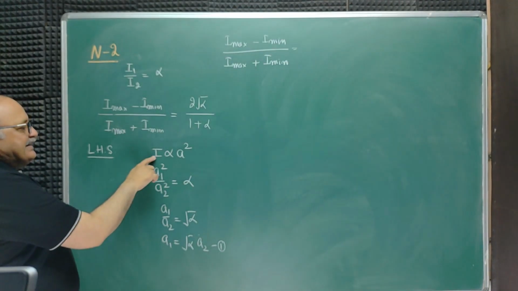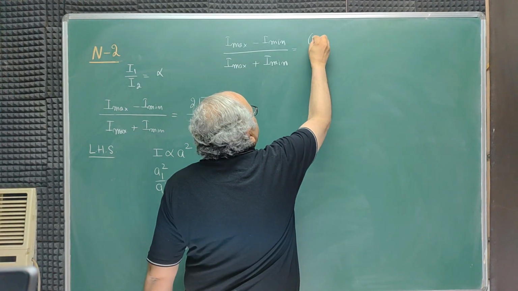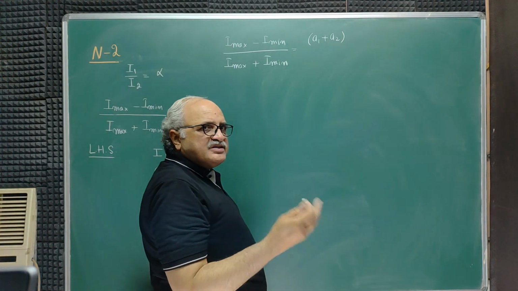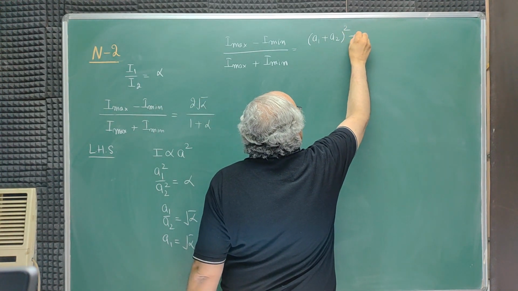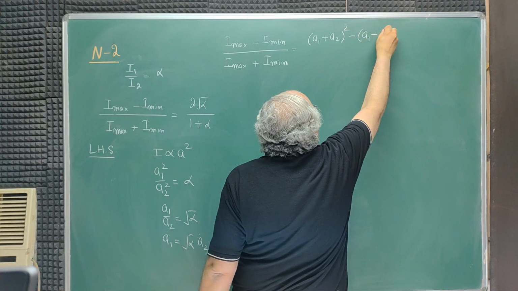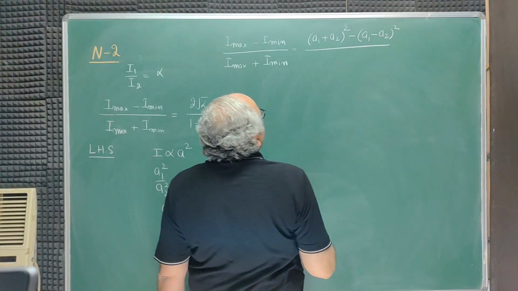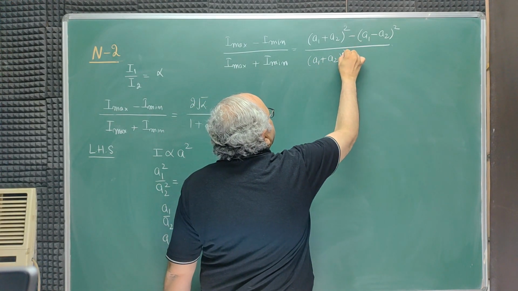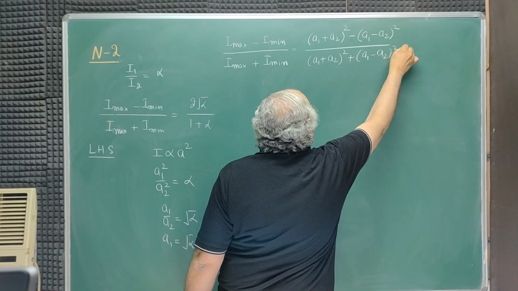And as we know that intensity is directly proportional to amplitude square, and for maximum being a constructive interference, crest comes on crest, making the net amplitude A1 plus A2, and for minimum it is A1 minus A2. Similarly in the denominator we have (A1 plus A2) whole square plus (A1 minus A2) whole square.